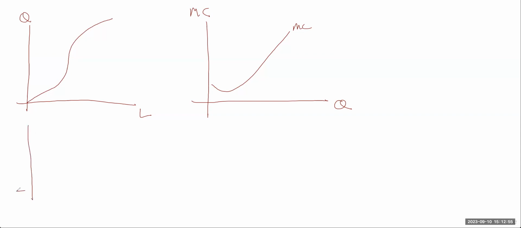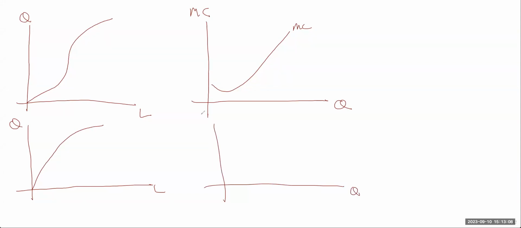The next one is when we have a production function that's just concave, like this. Then the marginal cost curve is just increasing at an increasing rate like that. There's no downward dip part right here.